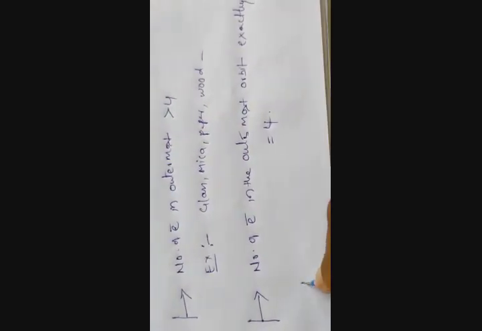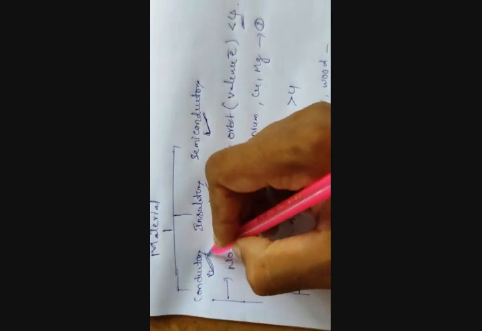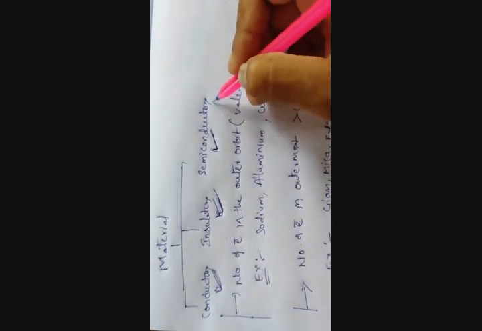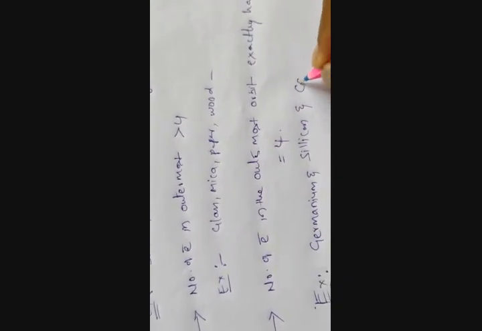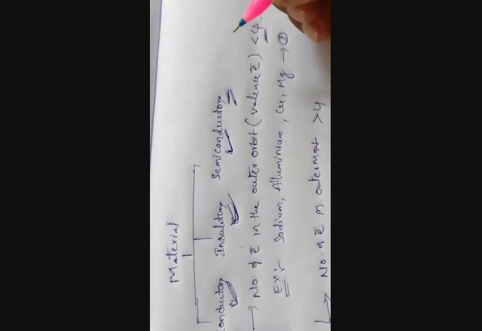This is neither a conductor nor an insulator, and is known simply as a semiconductor. Examples of semiconductors are germanium and silicon, and one more thing, carbon is also one of the semiconductors.